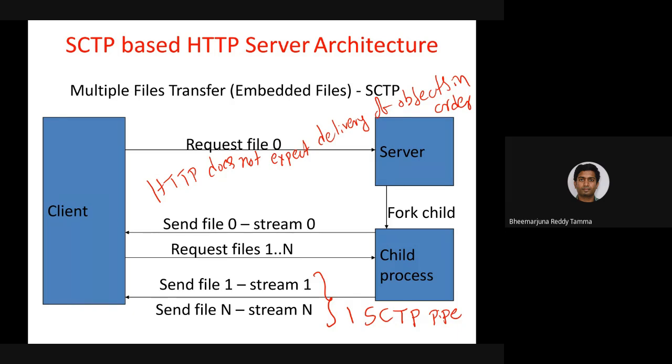Different browsers can have different approaches. One browser can say, I can start rendering an object as soon as it arrives. Or you can say, I have made requests for objects 1 to n, and I will render them in the ascending order in which I made the requests. Or, in the extreme case, your browser may say, I have made a request for n objects, and unless I receive all n objects, I don't render anything.